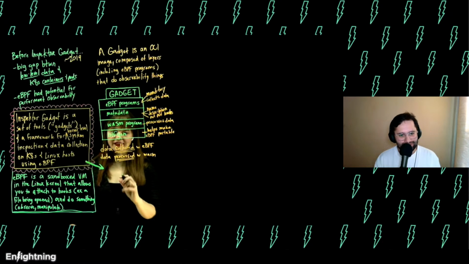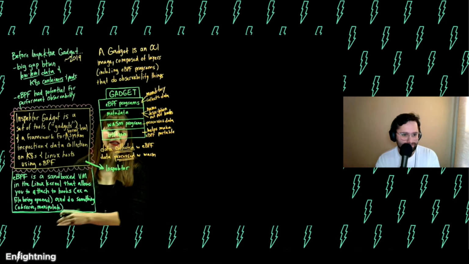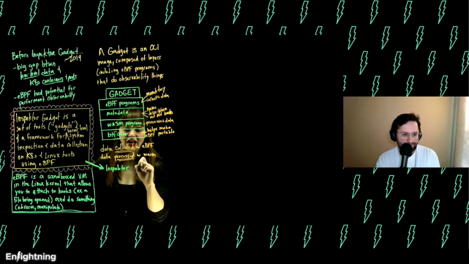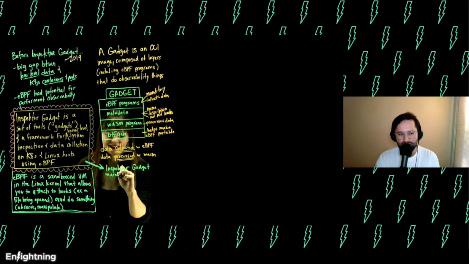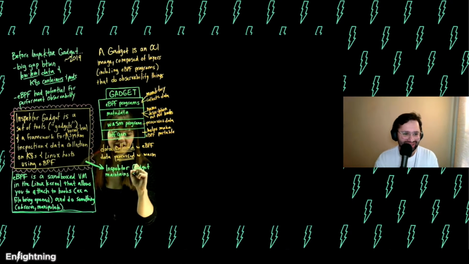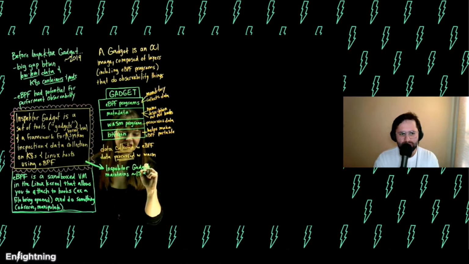Cool. Okay, this is helpful. So how many gadgets does Inspector Gadget maintain? Roughly, I would say around 15. That's just a number I can think of, but around 15. Okay.